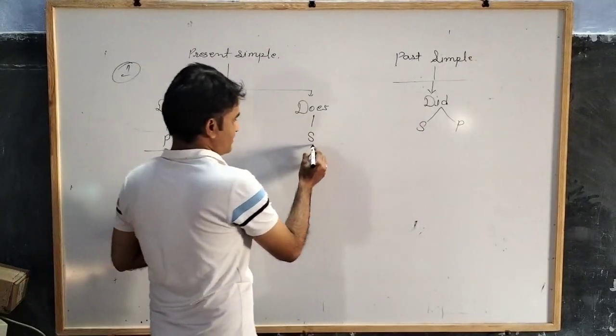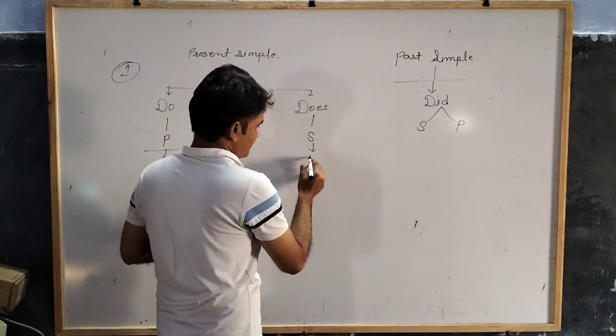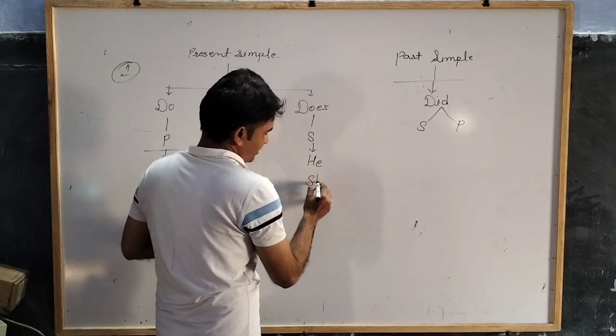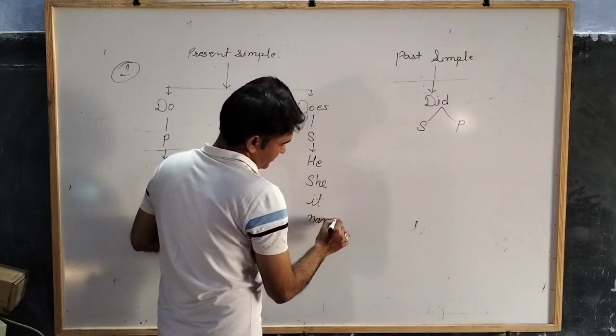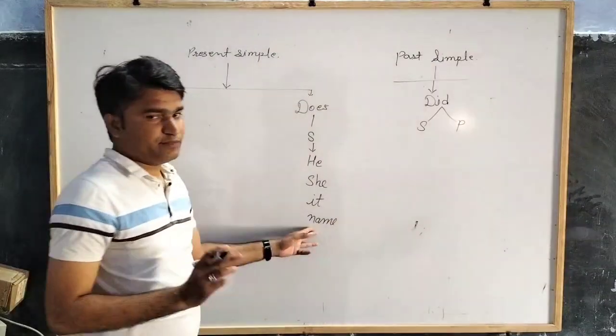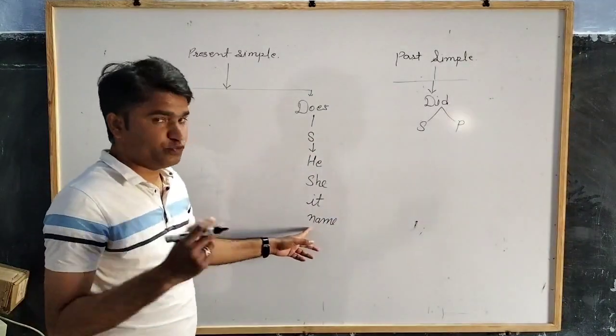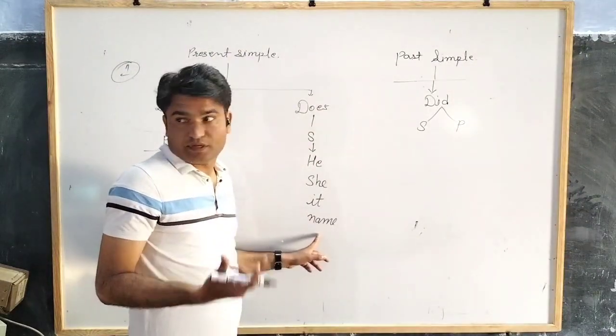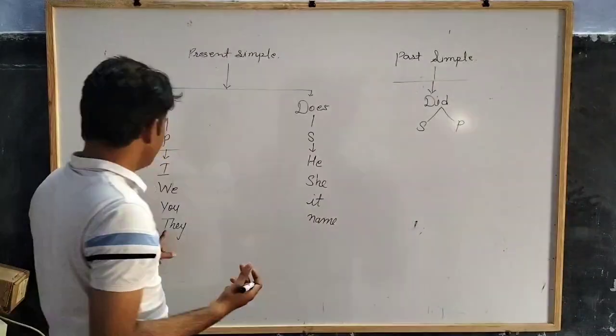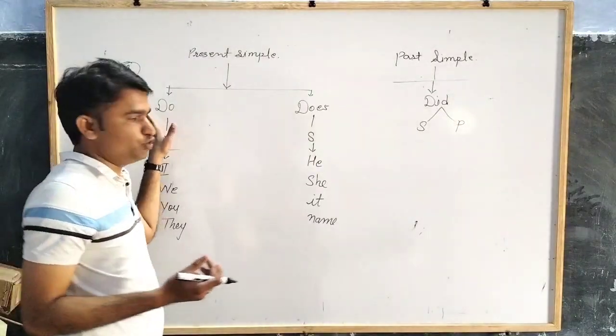And with does we shall use he, she, it, and names. Names should be in singular form, not in plural form. If two names come, it will be considered plural and will take the do form.